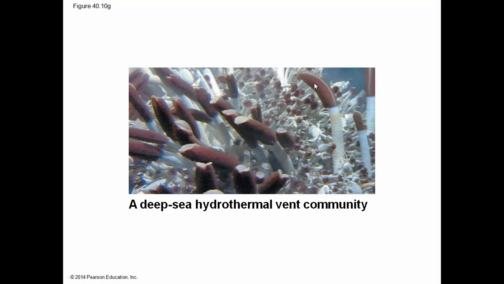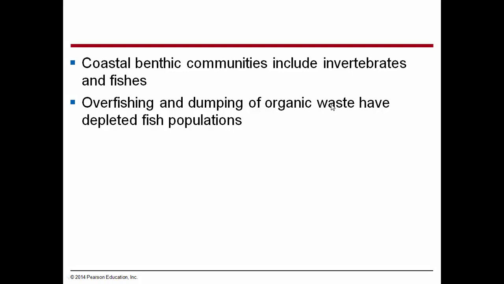And in the gills of these tube worms, what they're doing is hosting these chemoautotrophic prokaryotes, and they're providing the foundation for hydrogen sulfide production of energy. Coastal benthic communities include invertebrates and fishes, and overfishing and dumping of organic waste have depleted fish populations.